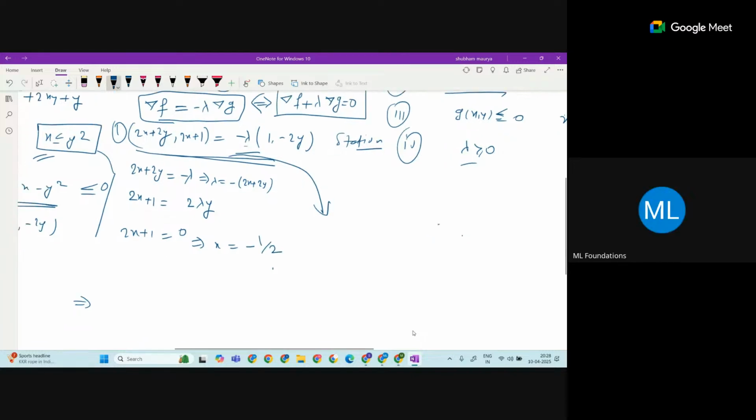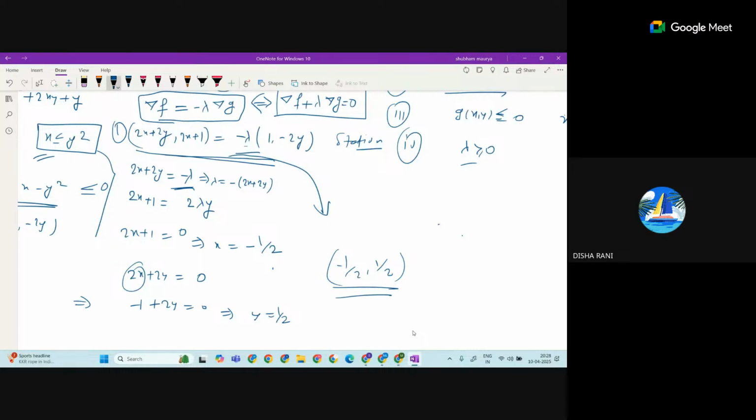Then substituting into 2x plus 2y equals 0, minus 1 plus 2y is equal to 0, so y is 1 by 2. So we have the point minus 1 by 2 and 1 by 2.